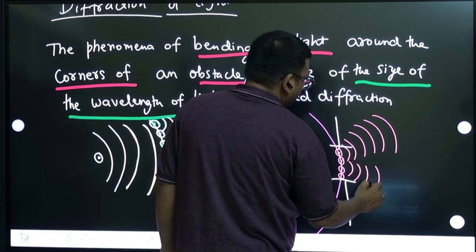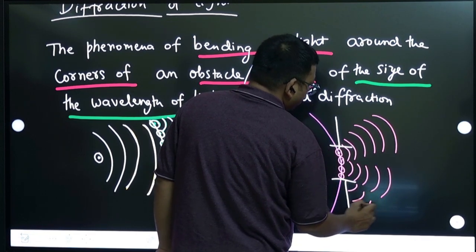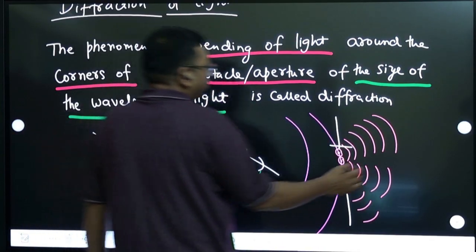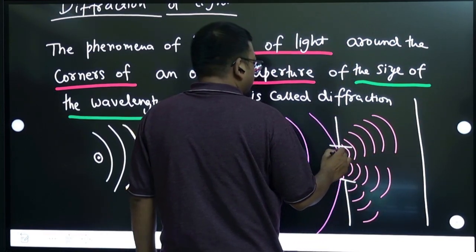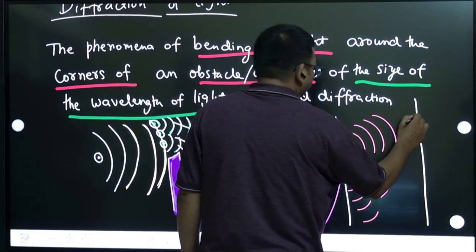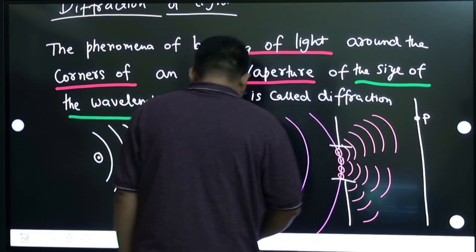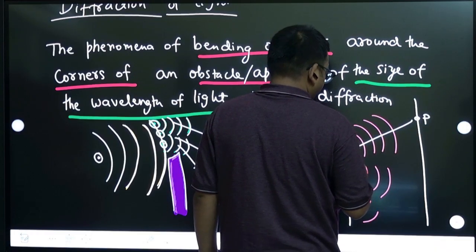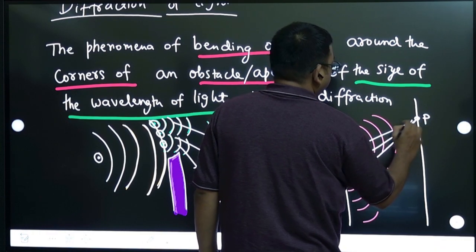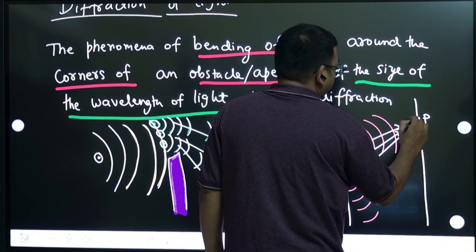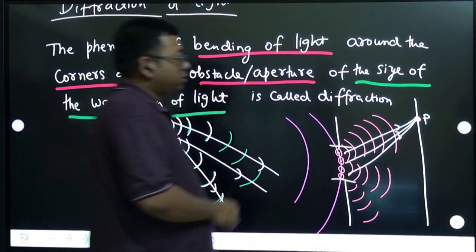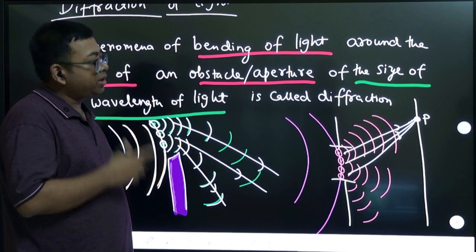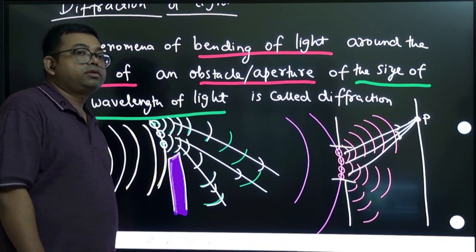Everywhere it will go beyond the corners, around the corner. And if you keep a screen here, each point will be sending its wavefront. So any point on the screen receives light rays from these different points, and they can have superposition. That's what we have discussed in Young's single slit experiment, how interference patterns are forming at any point on the screen. Right, so that is what it is.